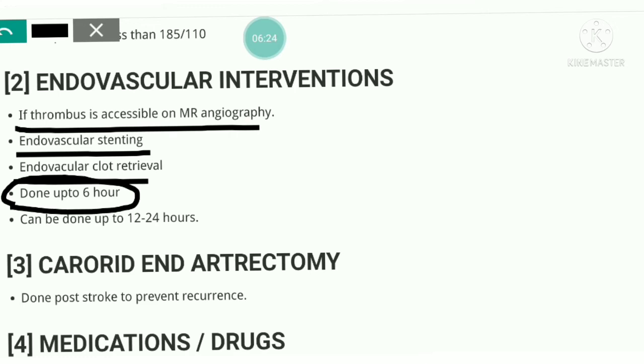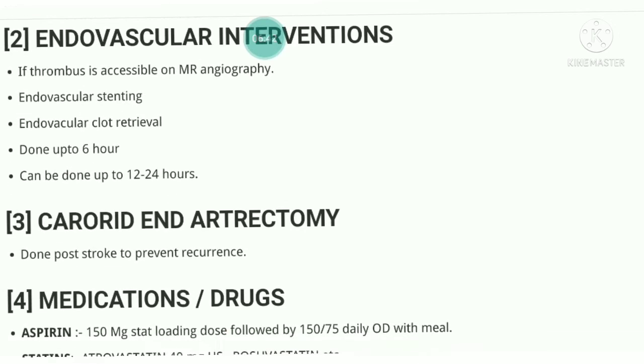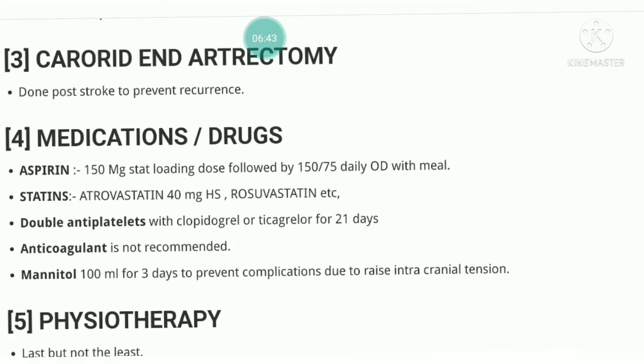Endovascular intervention can be done up to 6 hours. But many surgeons do endovascular intervention up to 12 to 24 hours, and the results are good. So you can go for endovascular intervention up to 24 hours. The next management is carotid endarterectomy. This is not actually a management, but a prevention method.